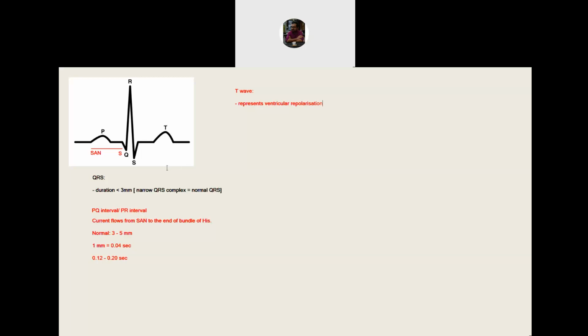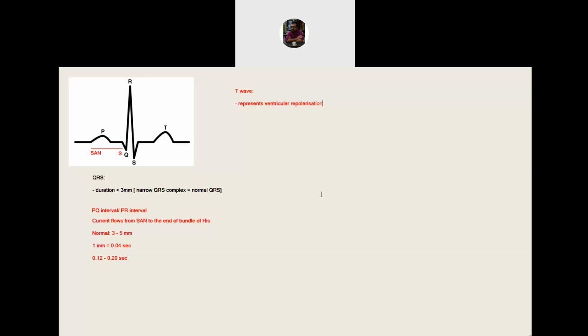So can someone explain in the chat box why, despite being a negative wave, the T wave is upright? If the QRS is upright, then the T wave is supposed to be downward, but it is still upward. Why is it still upward? Amruta, you are saying it measures the current, not the direction.